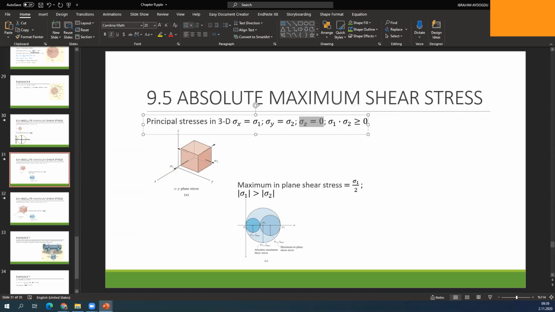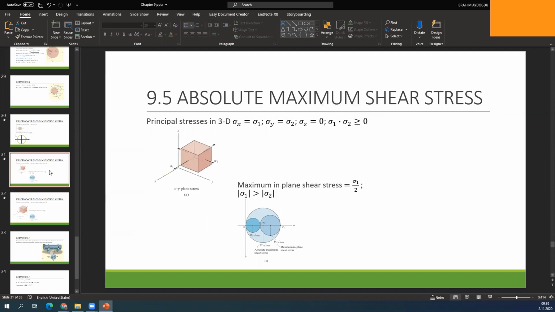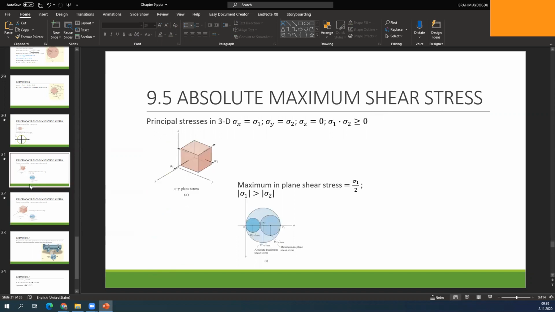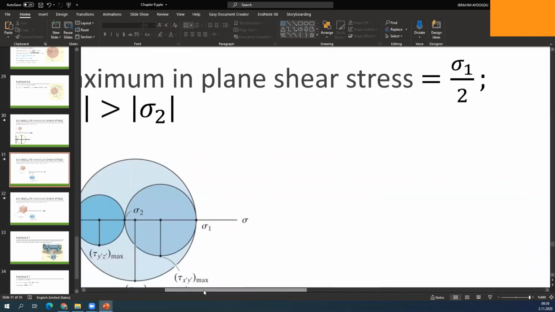In the 2D case, we are only considering one circle, but in the 3D case, there is an additional circle from sigma Z and sigma 1, and that is a big circle. If you consider the big circle, you can see, I want to zoom like that. Yes, this one is better.